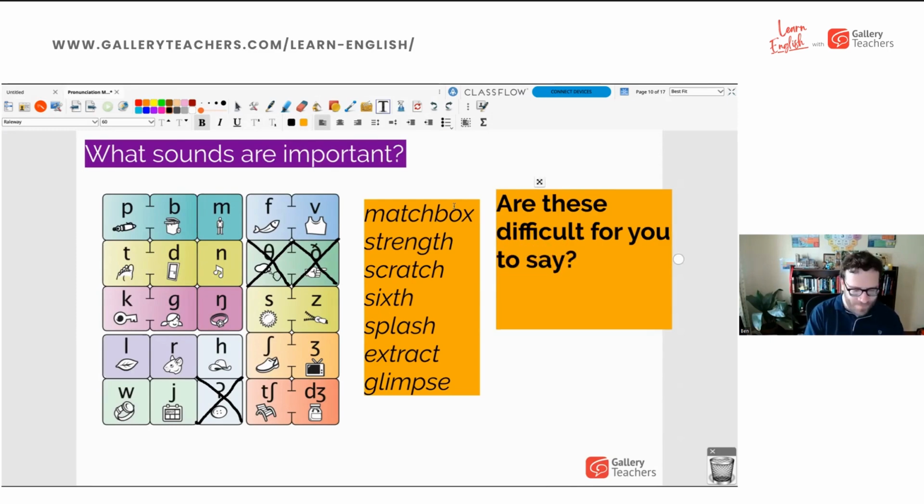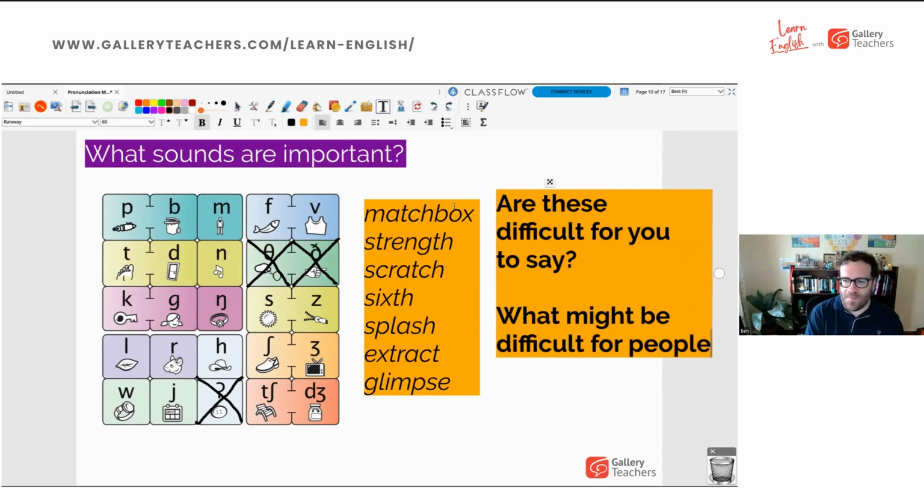And 2, what might be difficult for people? Okay. Why might these words be difficult? Just have a look and write in the chat. Are they difficult for you to say? And what might be difficult for some people?